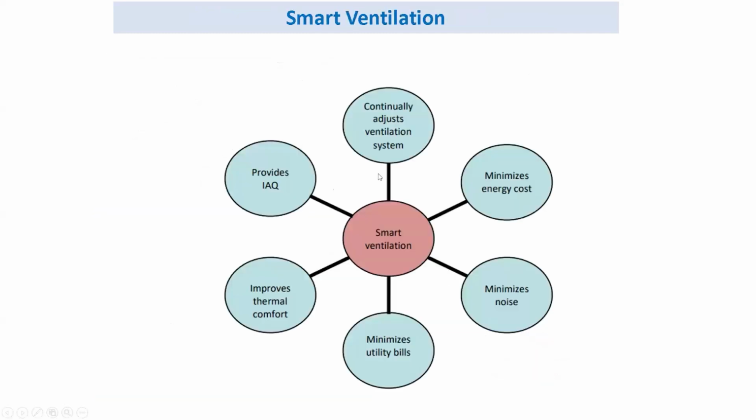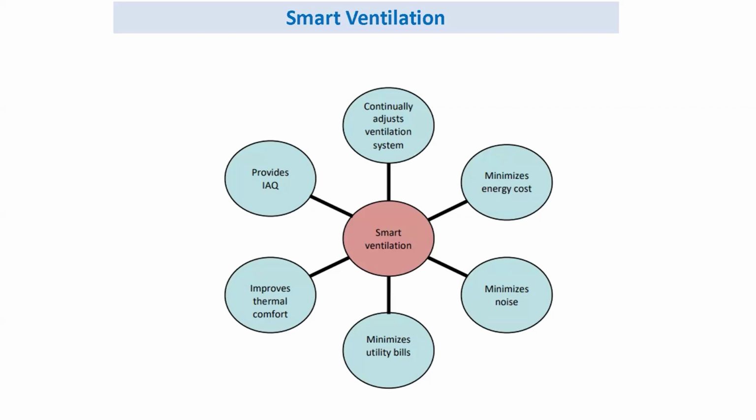Another thing which I call smart ventilation. Nowadays, many people have come up with commercial solutions saying we will give you good indoor air quality. And when I say indoor air quality, it is not only confined to the pollutant. It is also related to your thermal comfort, which I already talked about, the temperature and the humidity, and also the noise.